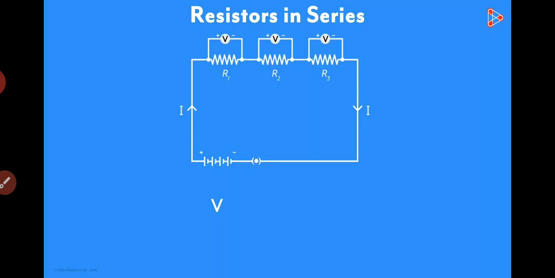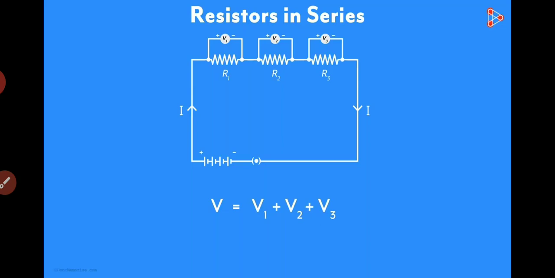We plug the key and measure the potential difference across each resistor. You will notice that the potential difference across each of the resistors is different. Let's call them V1, V2 and V3 respectively. Even though the voltages are different, you will notice that the potential difference V will be equal to the sum of the potential differences V1, V2 and V3.